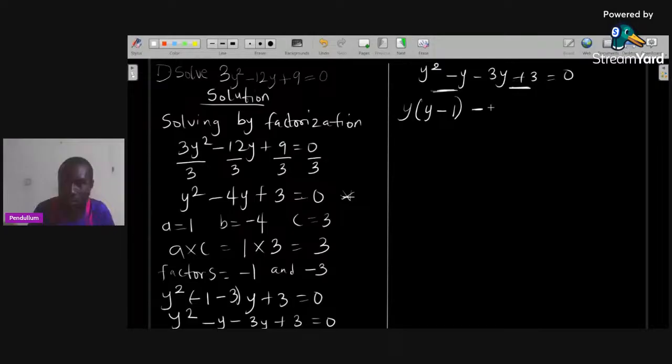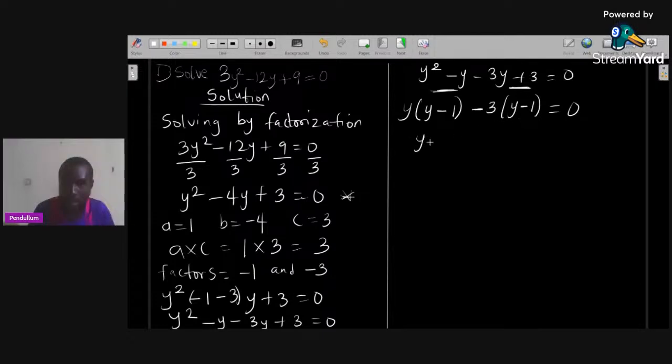There's 3 here and there's 3 here. So I bring out 3. Then if I divide here, minus 3 divided by minus 3, the only thing remaining here is y. Minus times plus is minus. This minus here times this plus. And then 3 divided by 3 is 1. So we have this. All right, so now we have two factors here, y minus 1, y minus 1.